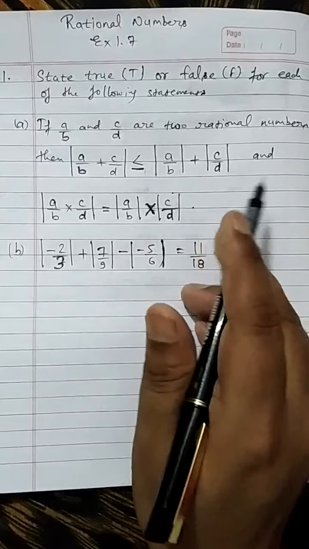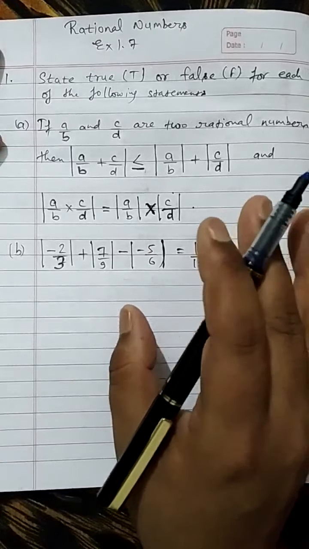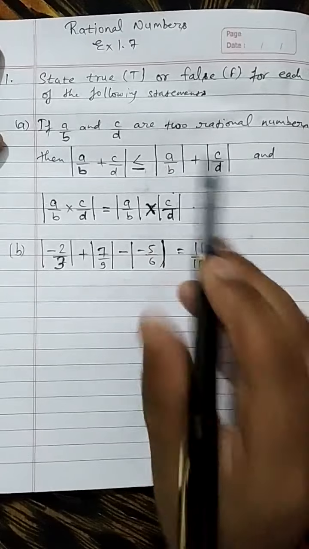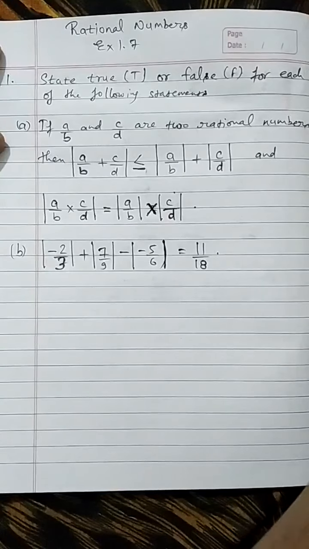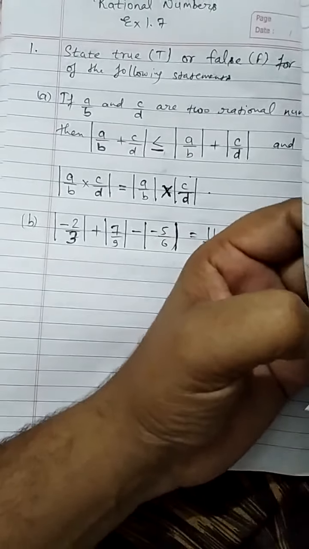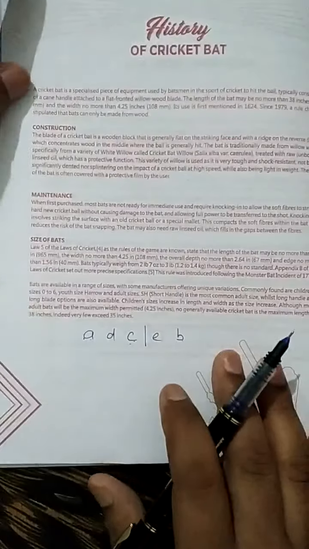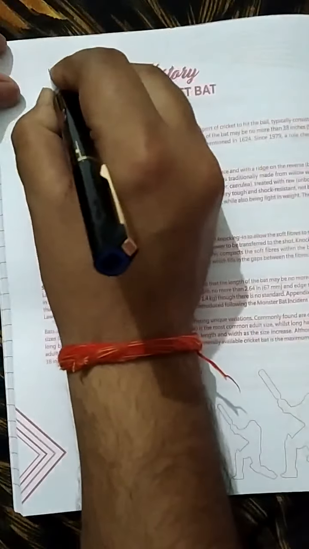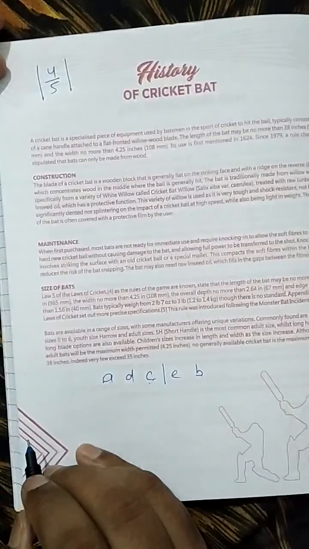So students, understand that absolute sign is solved like this. Suppose we have a value 4 upon 5, positive 4 upon 5.